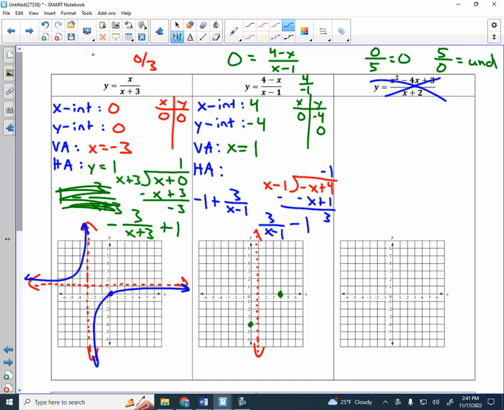That looks like something that we've graphed before, doesn't it? So what is my horizontal asymptote? Close. Negative 1. It's shifted down 1 unit. So the horizontal asymptote is y is equal to negative 1.